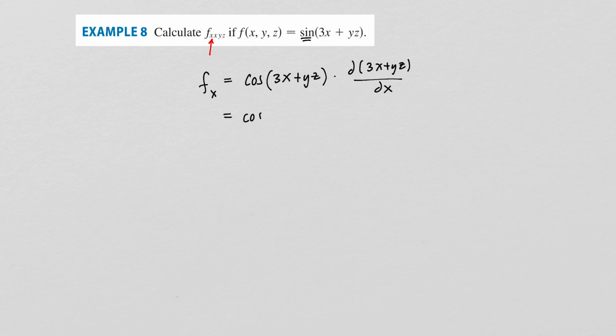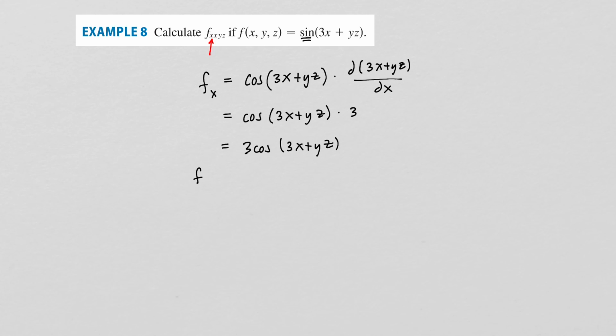And this is going to give us the cosine of 3x plus yz multiplied by, what is the derivative with respect to x? Well, the derivative of 3x with respect to x is 3. And the derivative of y times z with respect to x is 0. So fx is 3 cosine of 3x plus yz.